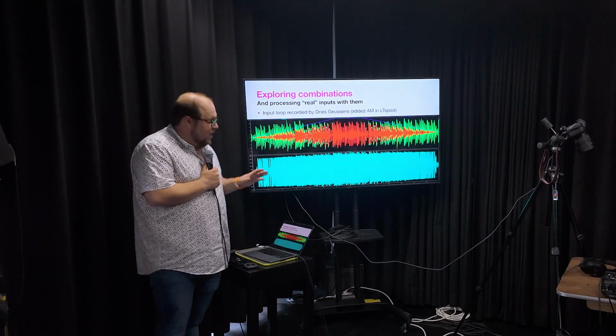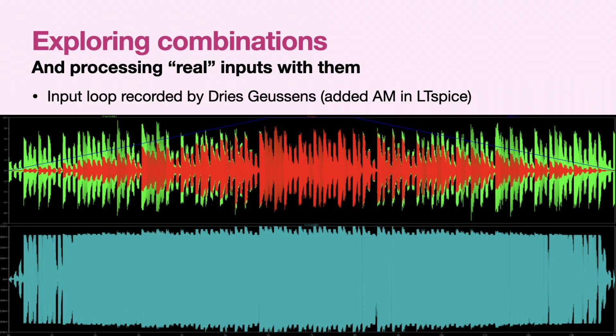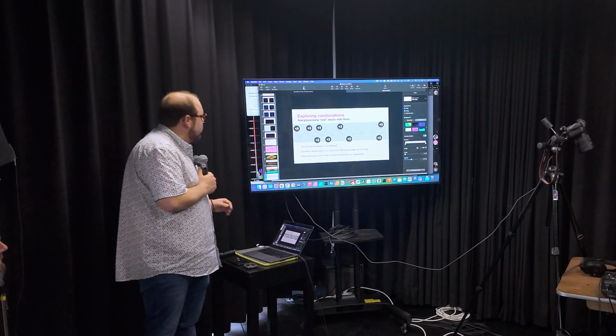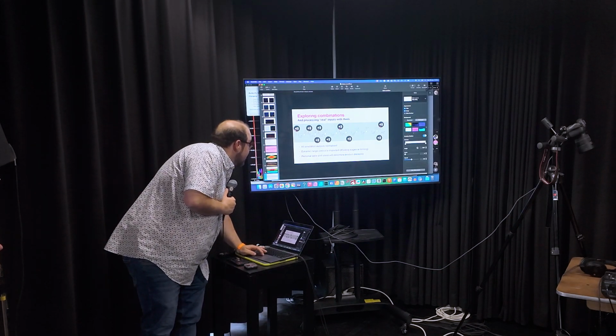And I have put a little bit of amplitude modulation on there, and then I made one big simulation of many of these wavefolders in series. And we can listen to the individual notes. So here's the input again.